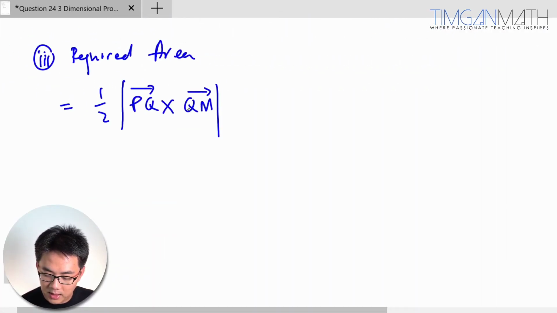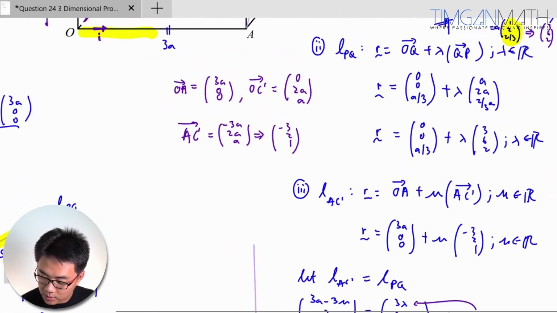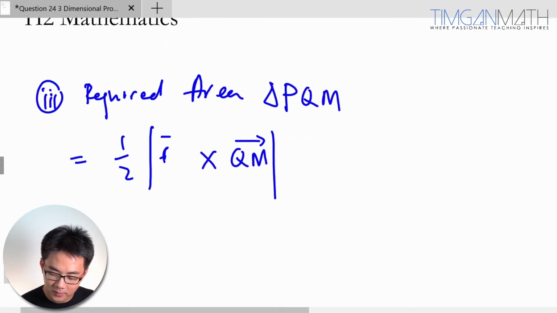Doesn't matter. Basically, for PQM, any two sides, half PQ. So PQ is this one. We got PQ. There's no PQ. What's this one? QP. Oh, QP. Doesn't matter.